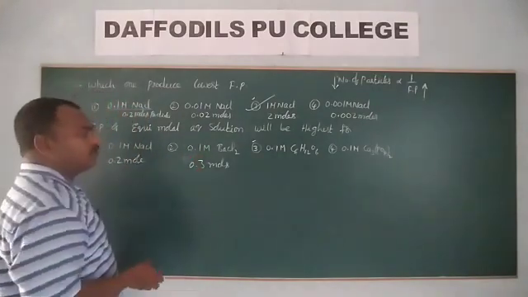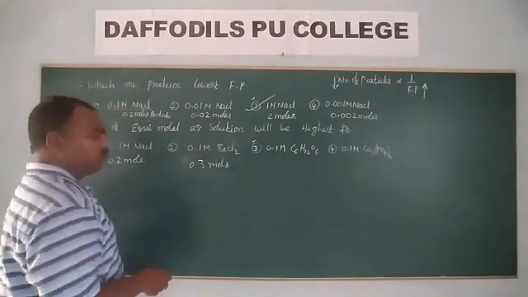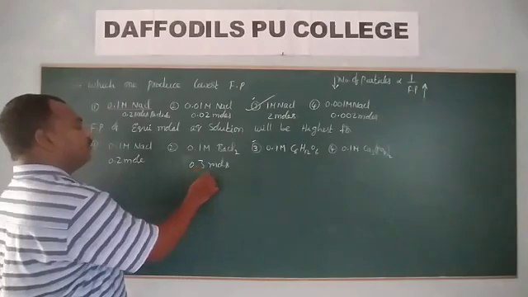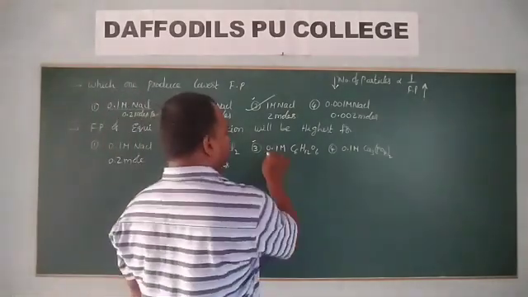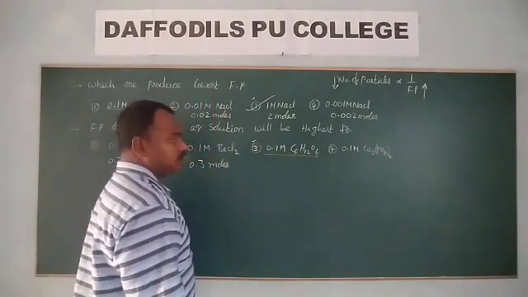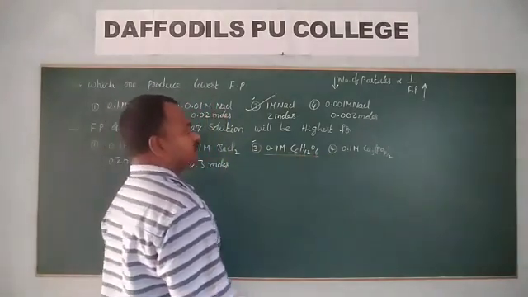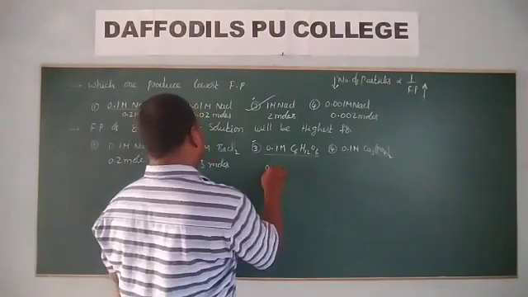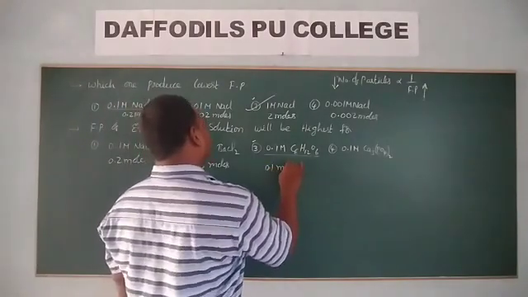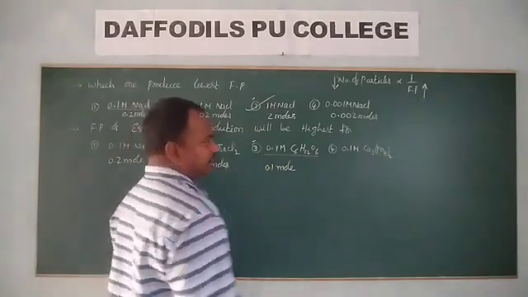From 0.1 m, you will get 0.3 moles of particles. Glucose does not undergo any dissociation or association. So you have only 0.1 mole of particles.